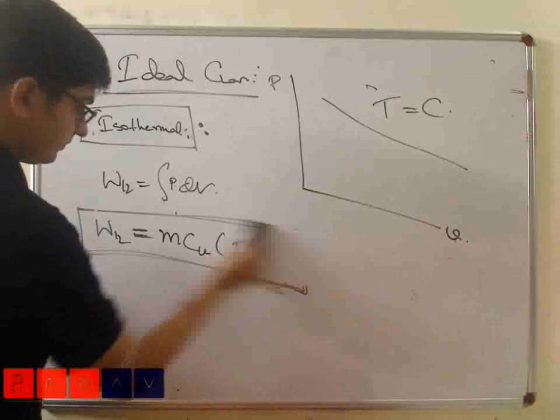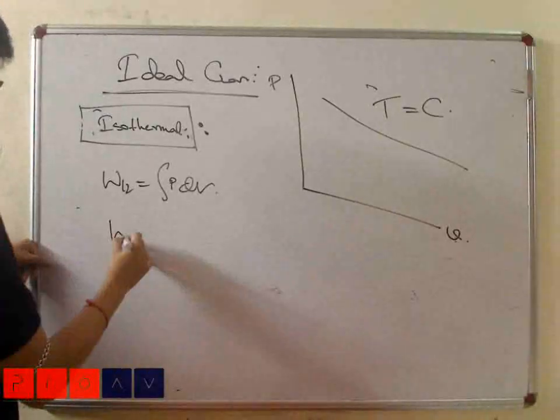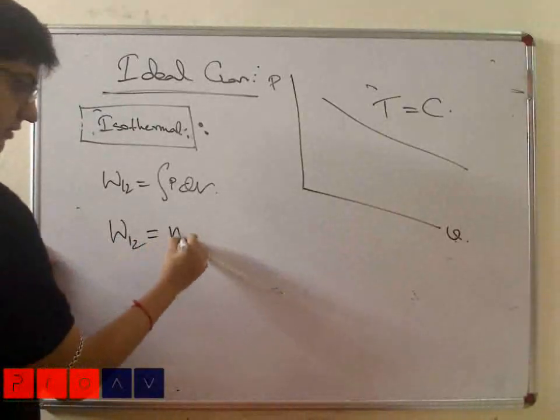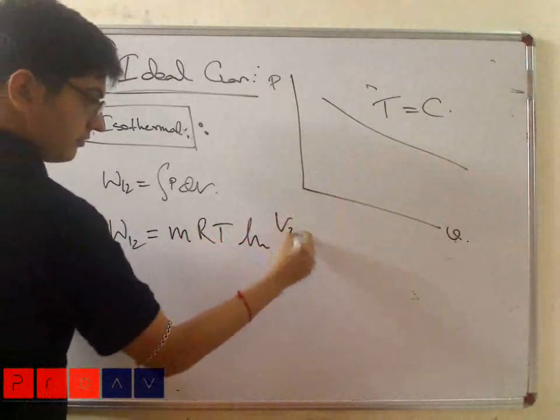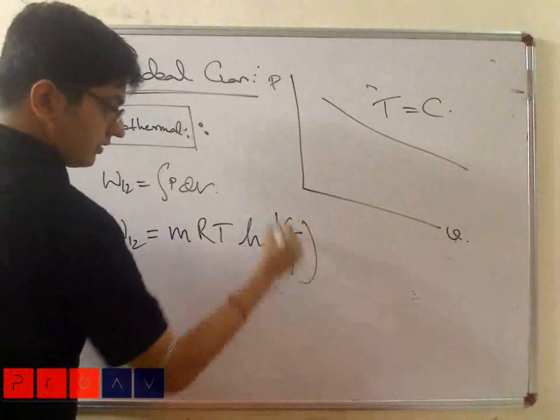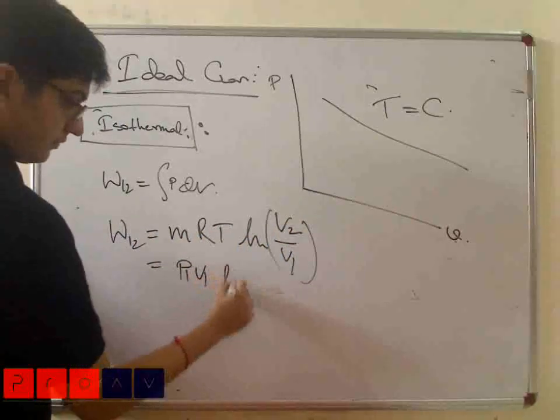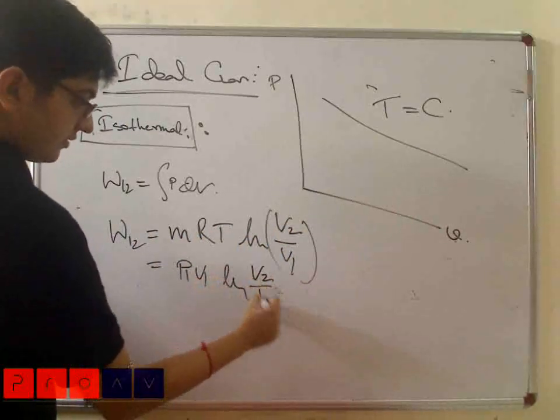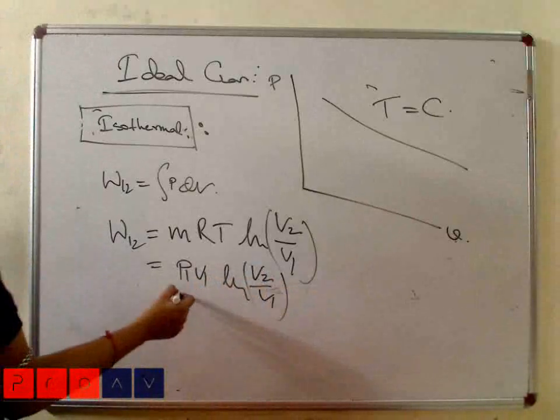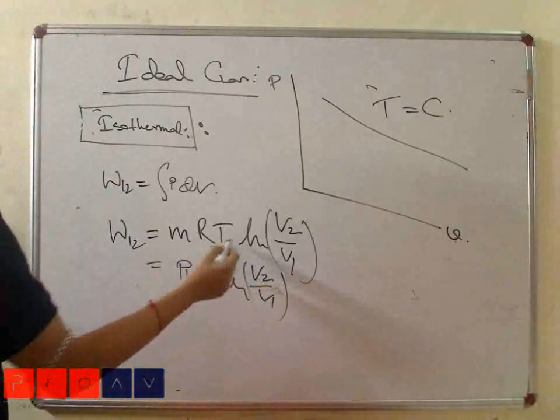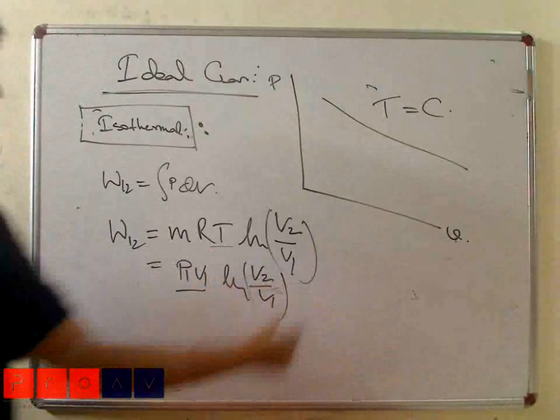It will come to P1 V1 ln V2 by V1. Basically PV is equal to mRT, where T1 is equal to T2.